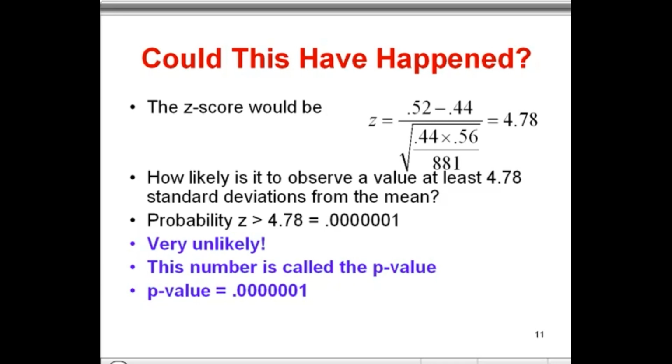So substituting 0.52 for p hat and 0.44 for p, we arrive at a z-score of 4.78. Now that is almost 5 standard deviations above the mean. It is extremely unusual. In fact, if we use the standard normal calculator, we could determine that the chance of arriving at a z-score this large is almost 0. And that is exactly what we will do on the next slide. And this probability is called the p-value.